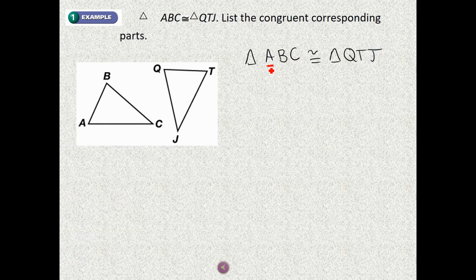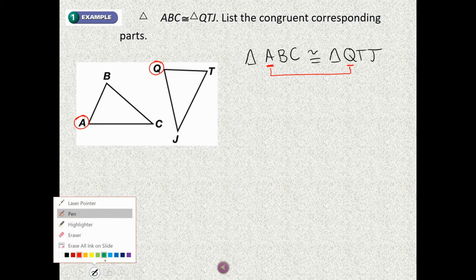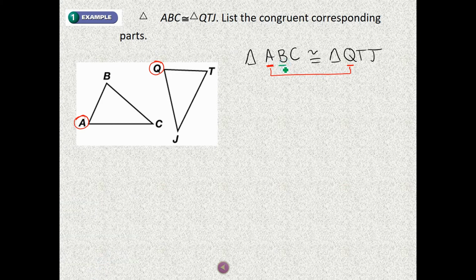Since A is in the first spot and Q is in the first spot, these two are corresponding parts. So A corresponds with Q. Then we also have that since B is in the second spot and T is in the second spot, T corresponds with B. So I can identify that on my figure.